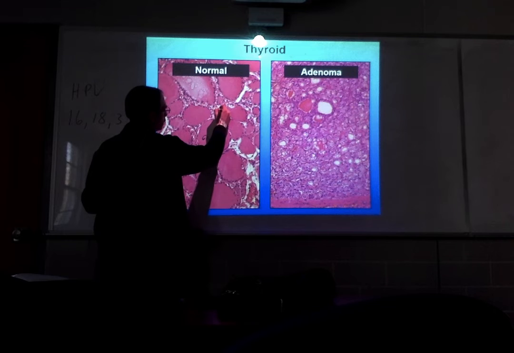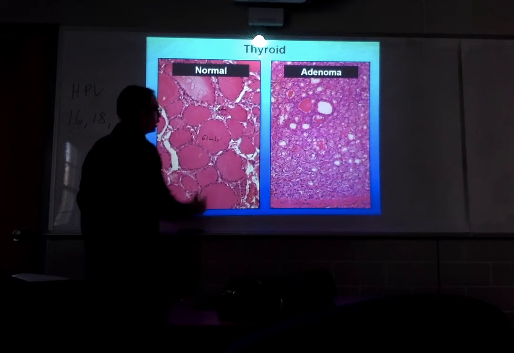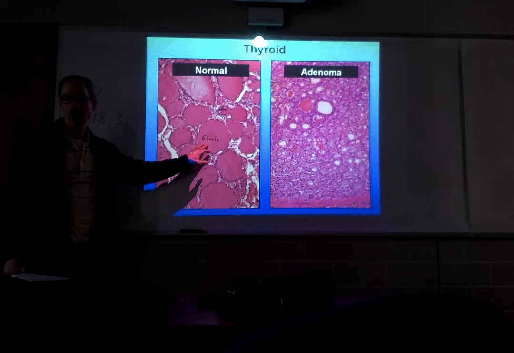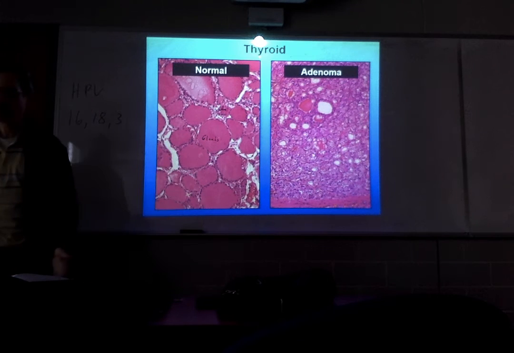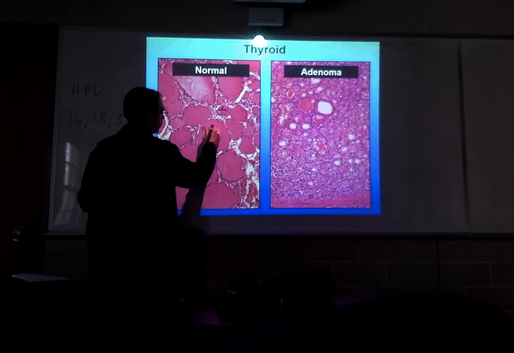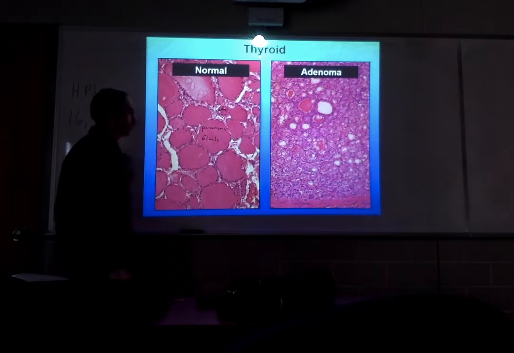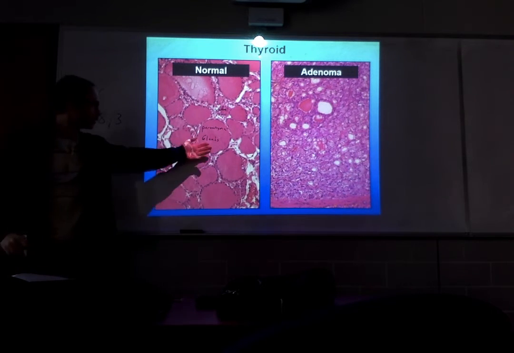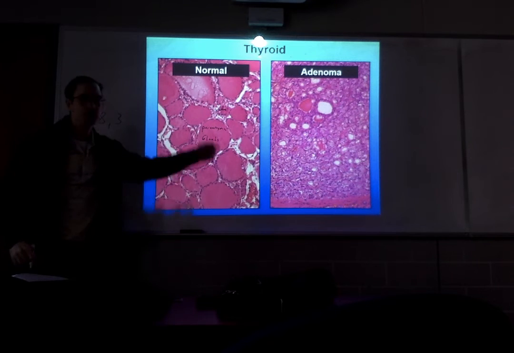It's called the stroma. The glandular component of the thyroid is what makes the thyroid special. It just happens to be also called the parenchyma. The parenchyma of the thyroid are these glands. This is the parenchyma, that's the stroma.